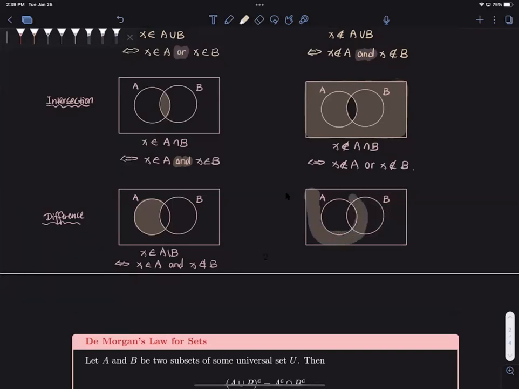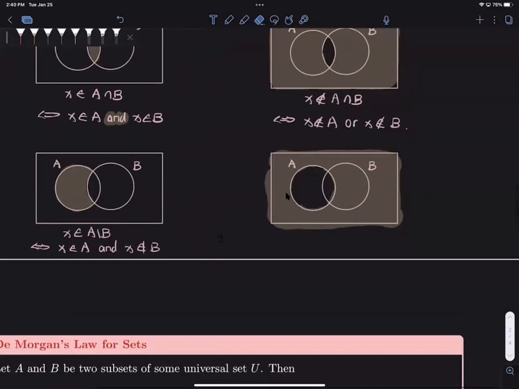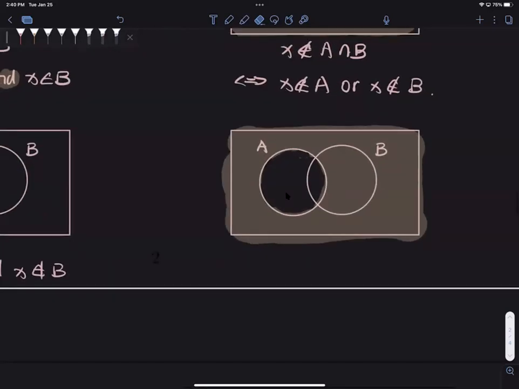Sorry, it really bothers me when it's a different color. I have to fix it. Why can't I make it perfect? Okay, not this part. So not anywhere in this part. Oops, I missed one part. It could be in here as well.